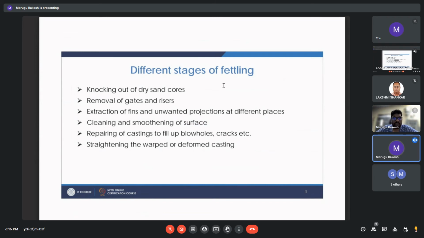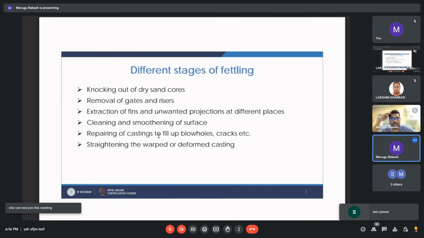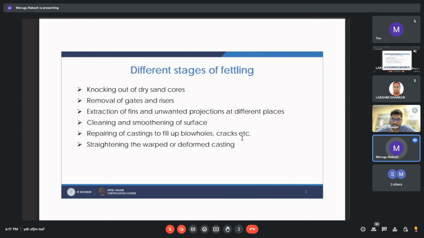Then repairing of the castings. We have already spent enough time and material on it. So if there are small cracks, there is no need to discard the product. Instead, we can do a little repairing. For example, if there is a small crack propagating, we can determine the crack size.